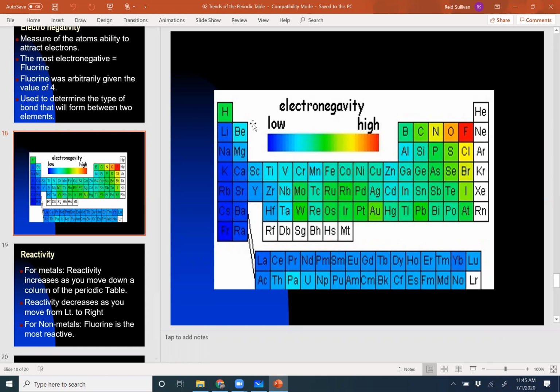If we take hydrogen and fluorine, fluorine is a 4.0 and hydrogen is a 2.1, a difference of 1.9. So hydrogen reacting with fluorine will get the exchange of electrons and the electrostatic attraction. Water, H2O, is a polar covalent bond, but HF is an ionic bond.